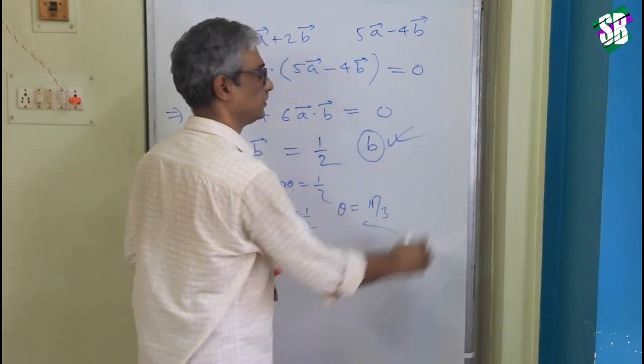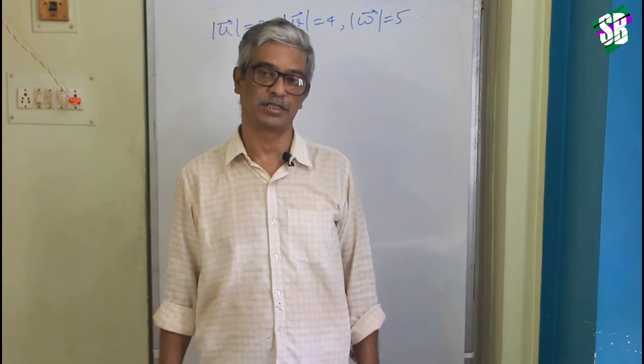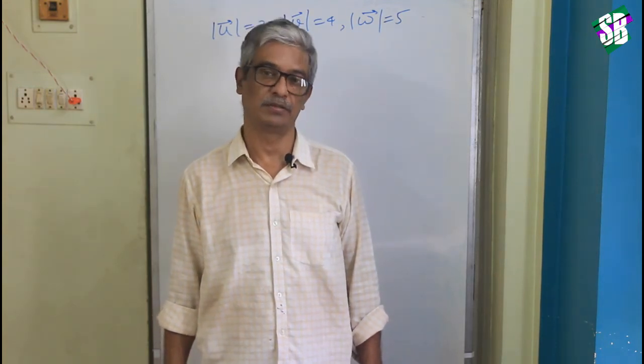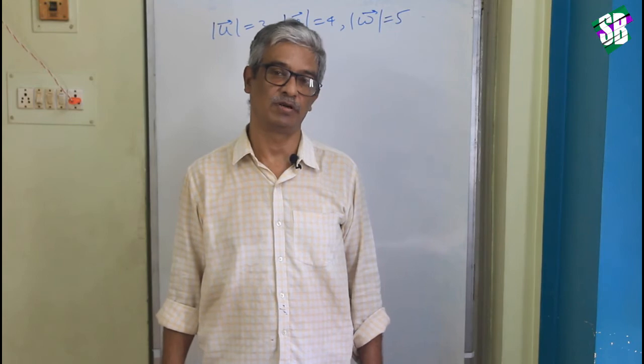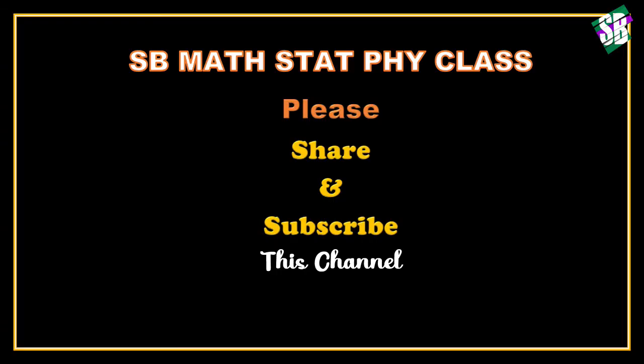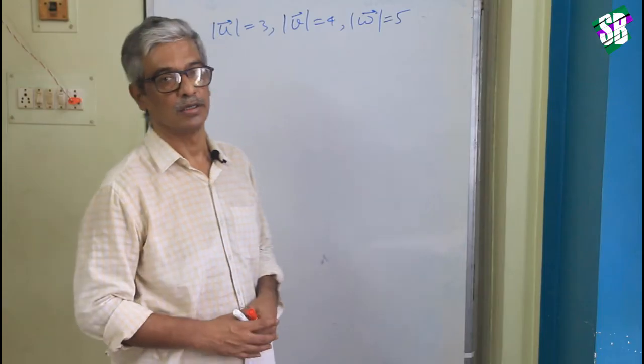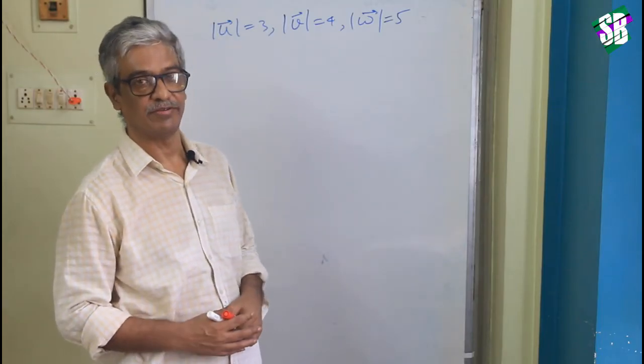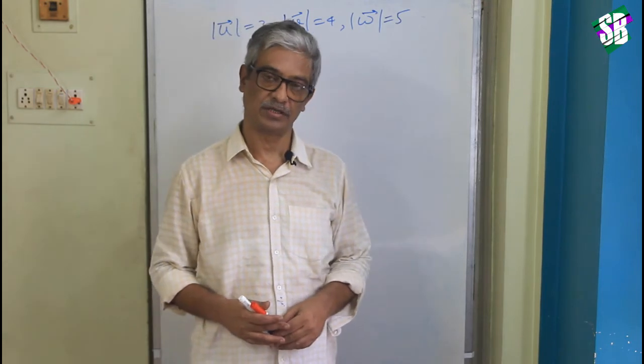Now consider the next problem from JEE Main. This is, I think, one of the easiest problems. Here u vector, v vector, w vector are three vectors given.